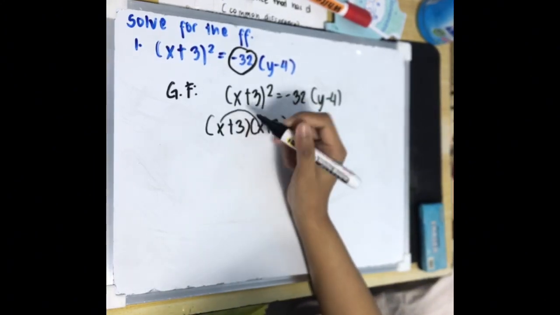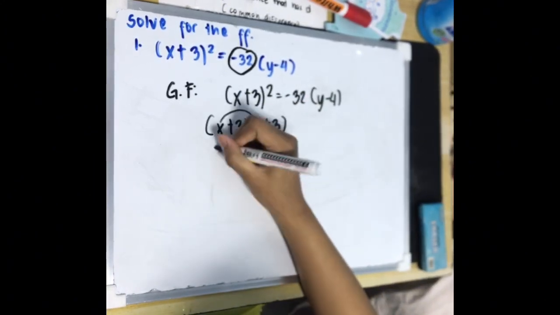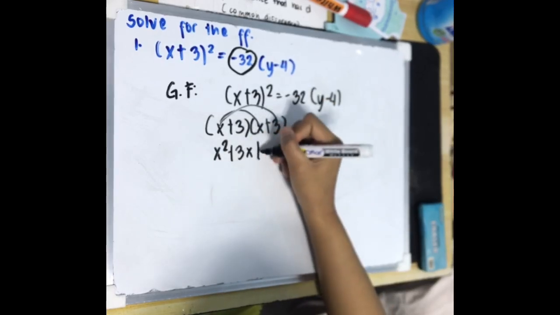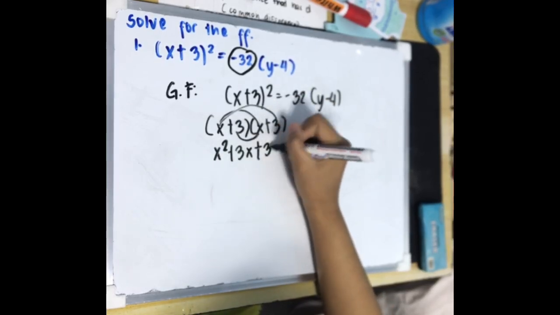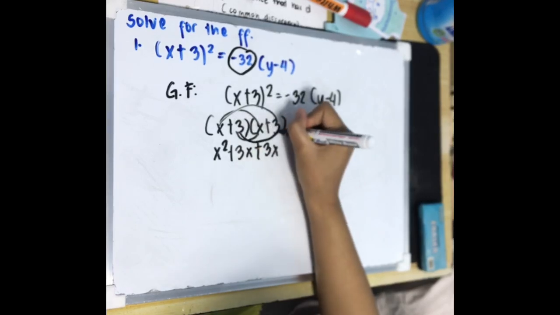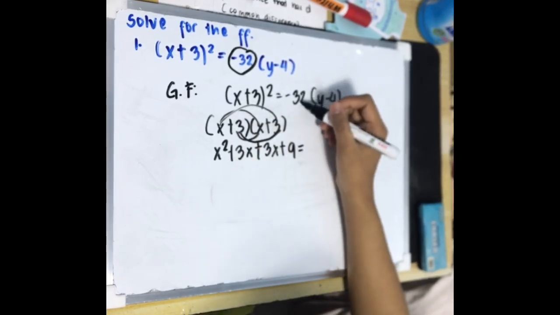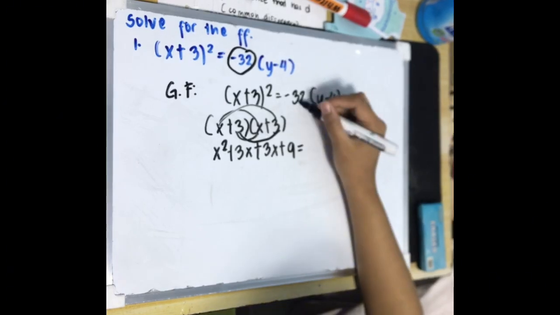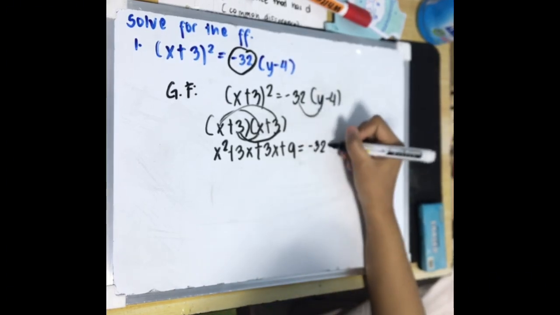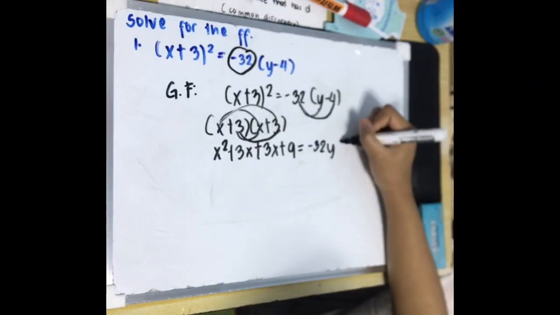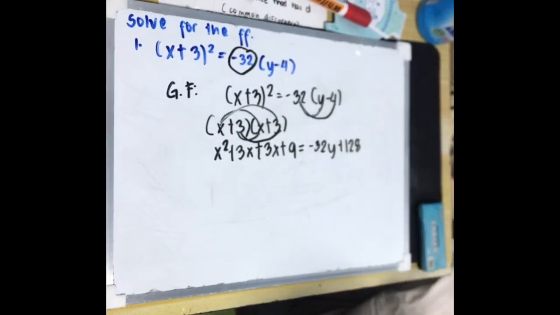So x times x is x squared. X times 3 is 3x, and 3x. And 3 times 3 is 9. So here, negative 32 times y is negative 32y. And negative 32 times negative 4 is positive 128.